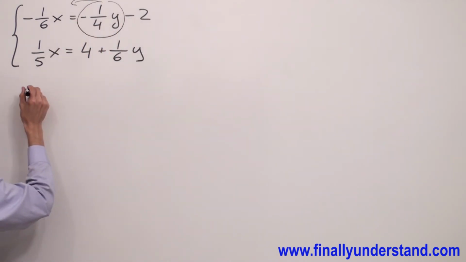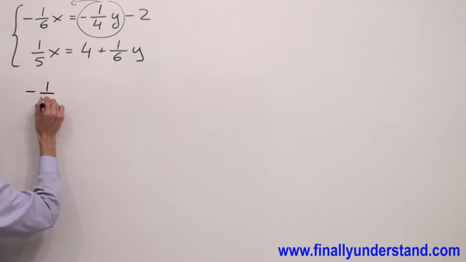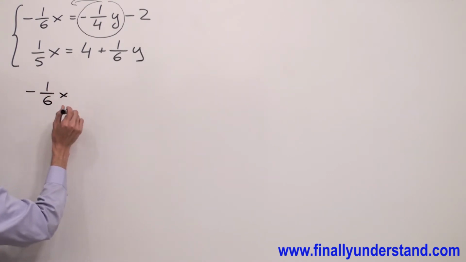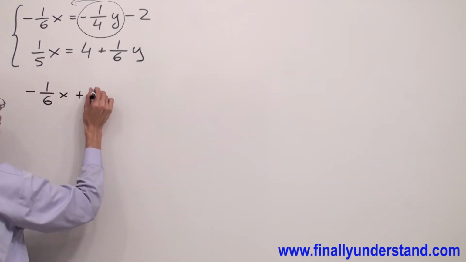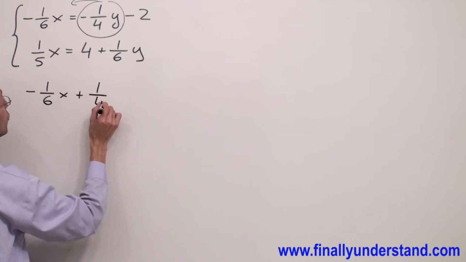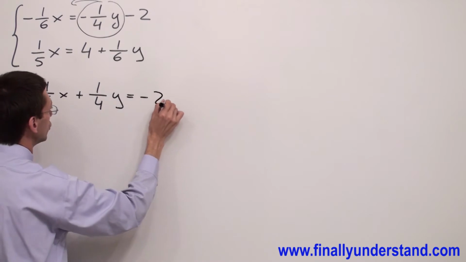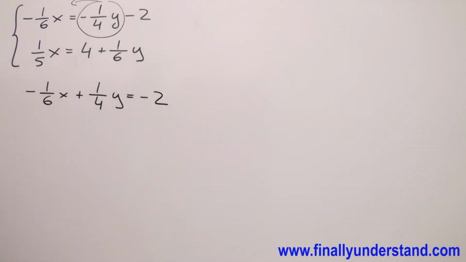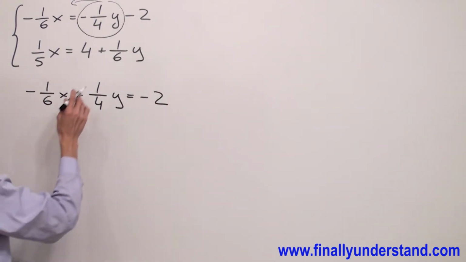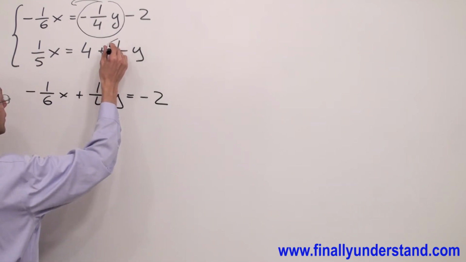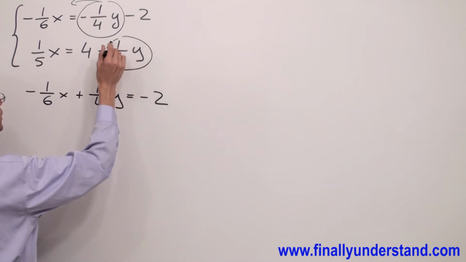So I have negative 1/6x plus 1/4 y equals negative 2. Next, I'm going to move to the left side 1/6 y.